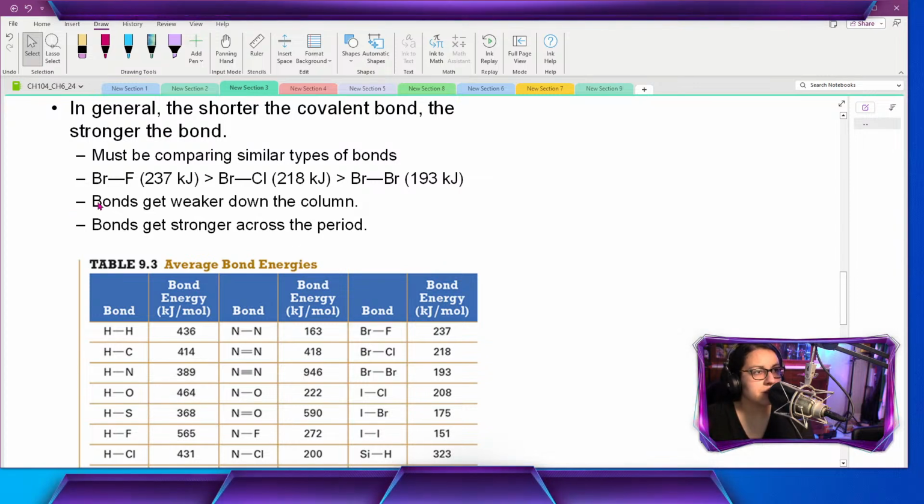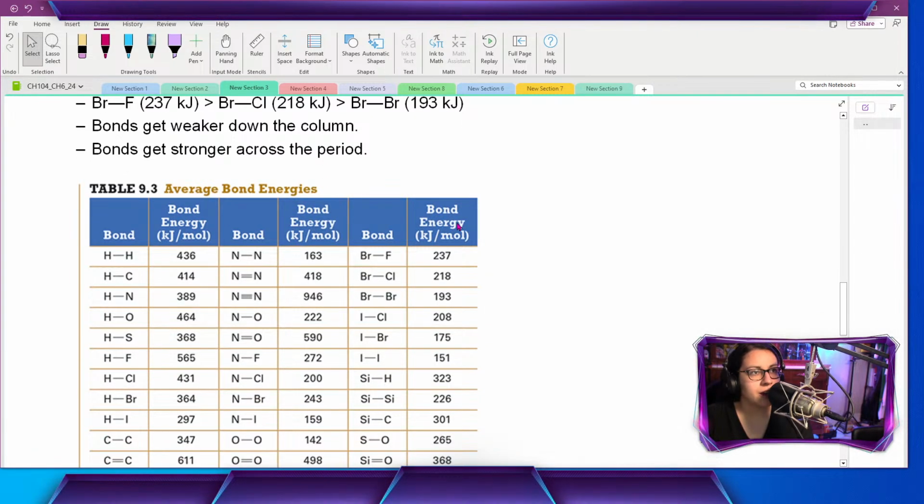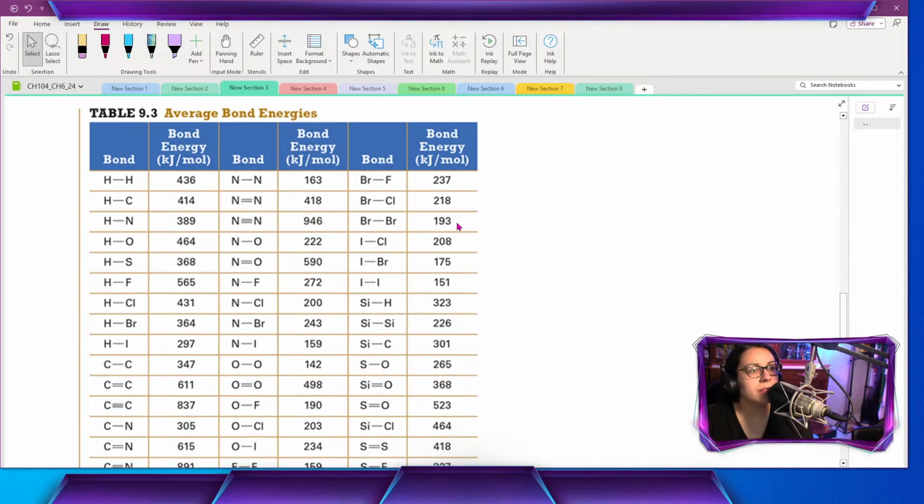So bonds tend to get weaker down the column. As you add more shells, it's more diffuse, so weaker bonds. And then they tend to get stronger across the periodic table, especially as you head towards the more electronegative elements that are going to be holding those electrons tighter and making a strong bond.